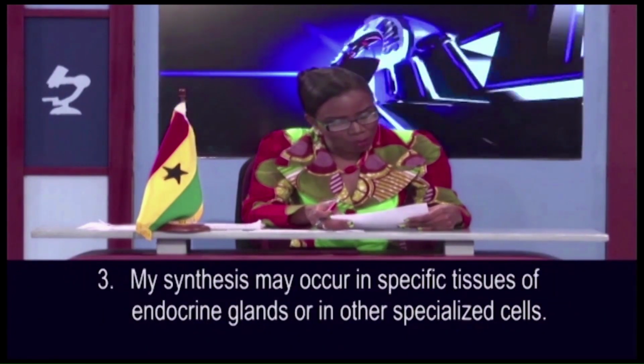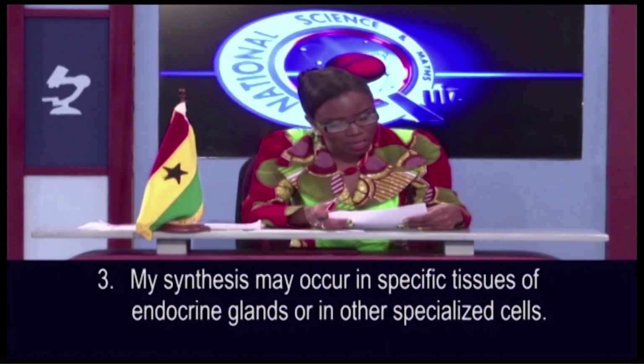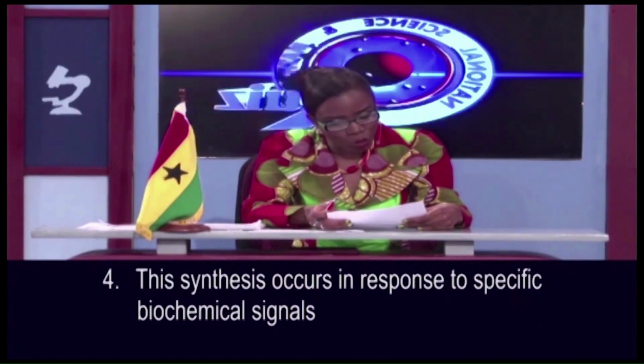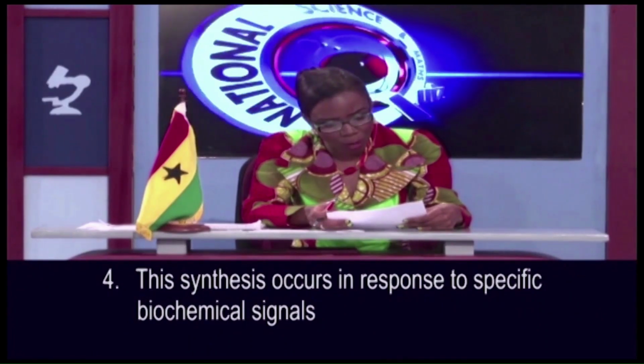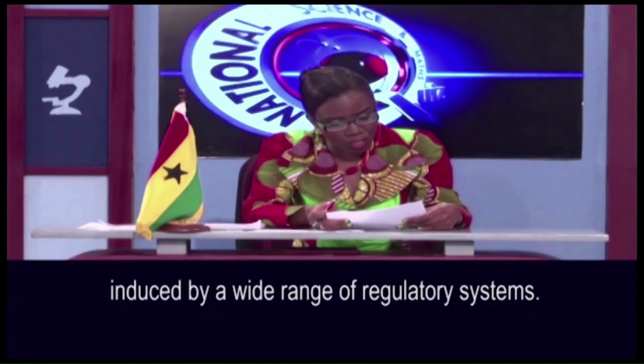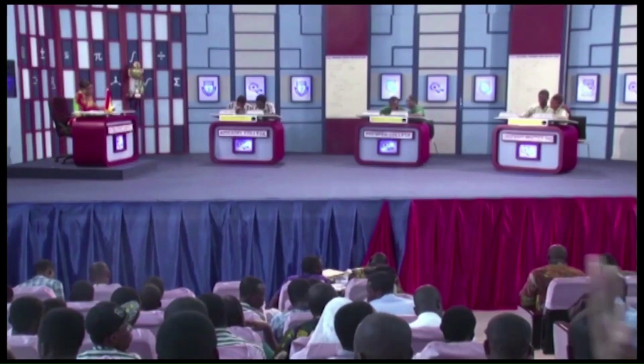My synthesis may occur in specific tissues of endocrine glands or in other specialized cells. This synthesis occurs in response to specific biochemical signals induced by a wide range of regulatory systems. Yes, Hussein? Hormones. You're right. That was the 4th clue, 3 points.